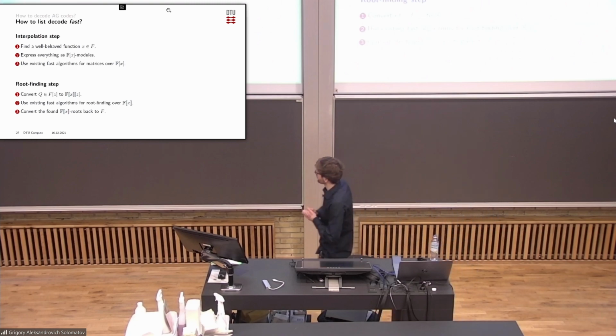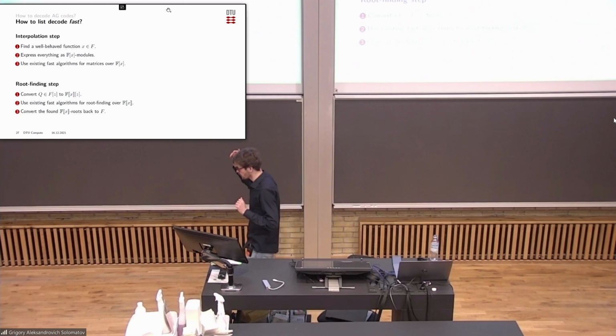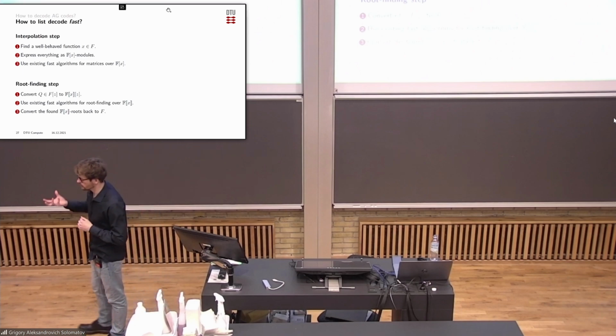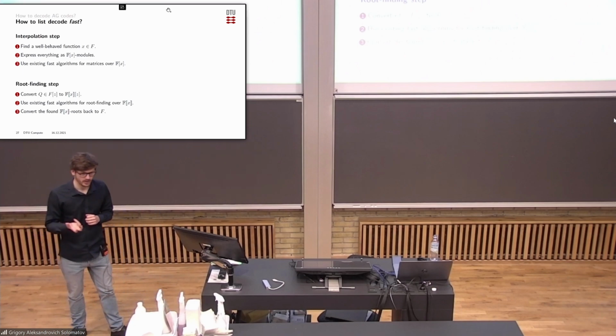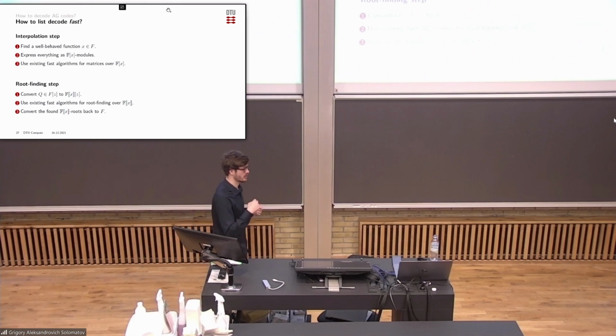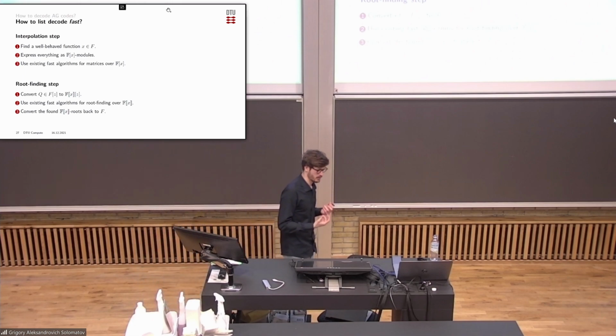So at this point, assuming that we have solved the interpolation step, we now have a complicated polynomial Q. And our task now is to find all of the roots of this polynomial, at least all roots that belong to our message space.